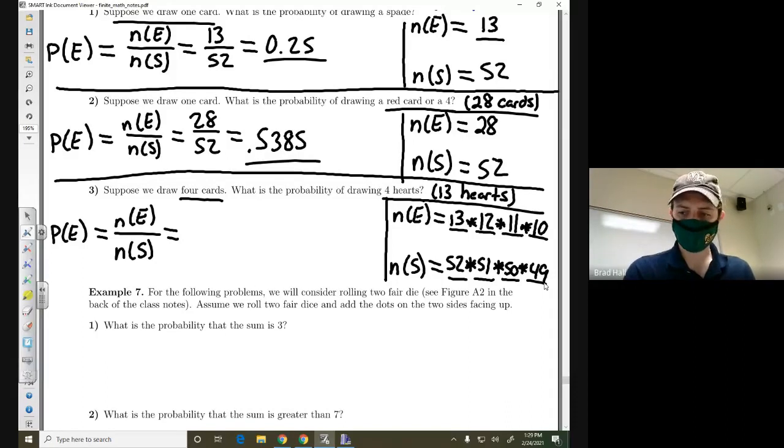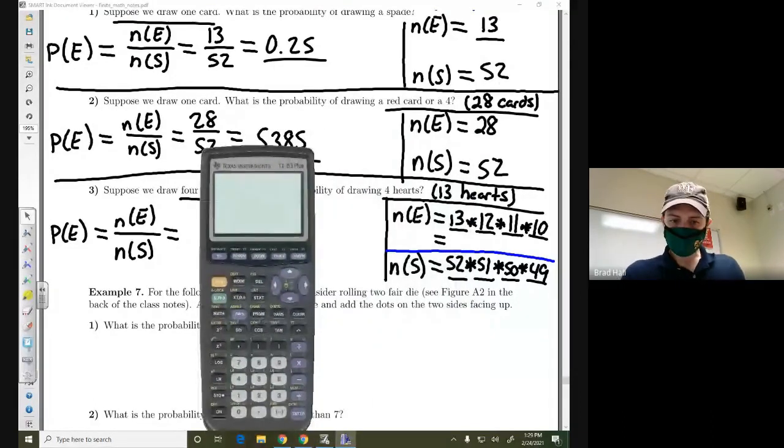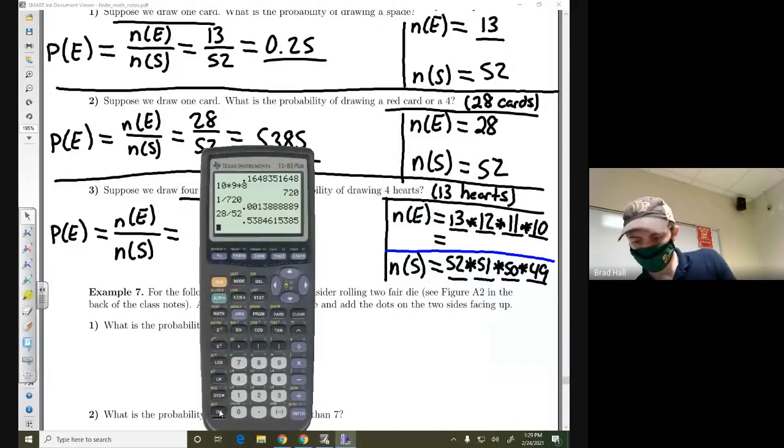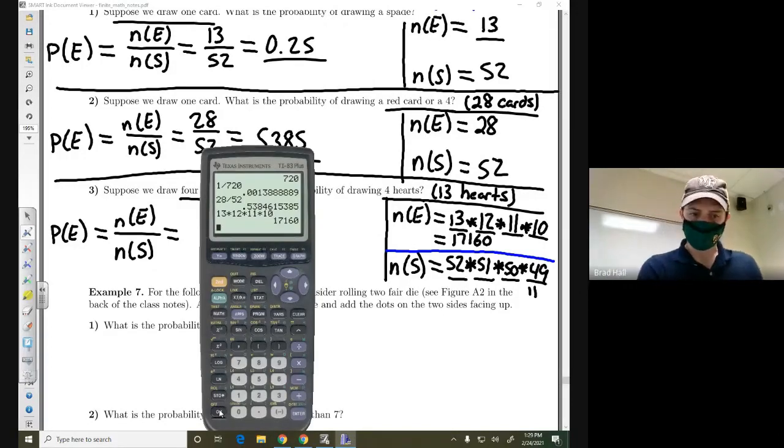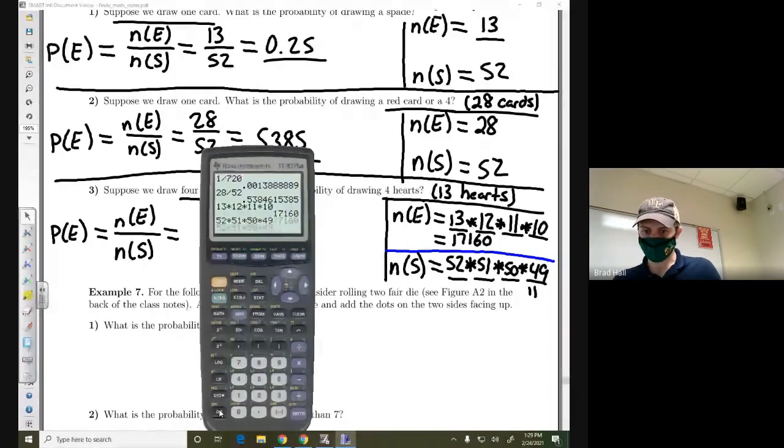So instead, I'll go ahead and solve these 2 numbers right fast, and then put them all together at the end. So 13 times 12 times 11 times 10, 17,160. And then the next one, 52 times 51 times 50 times 49.